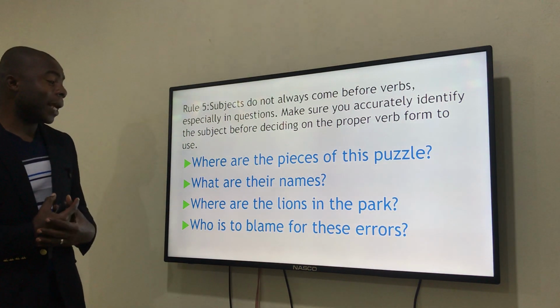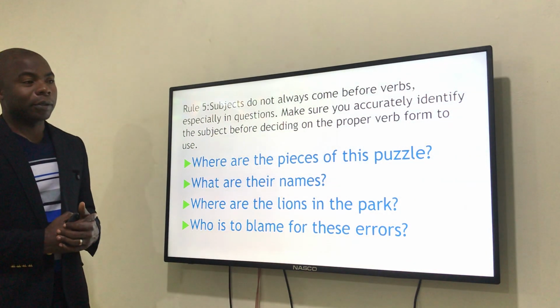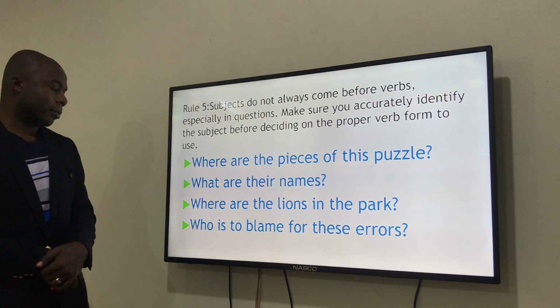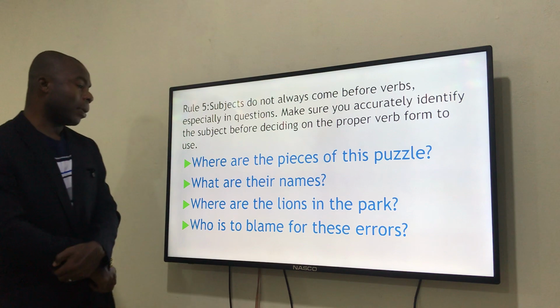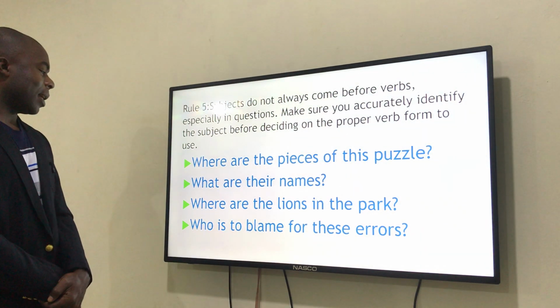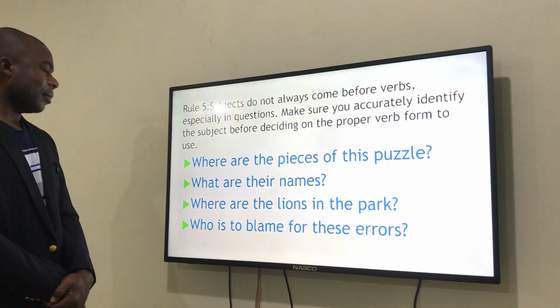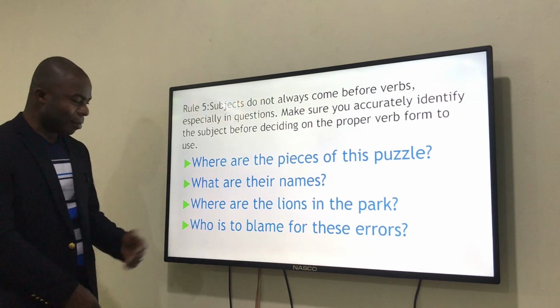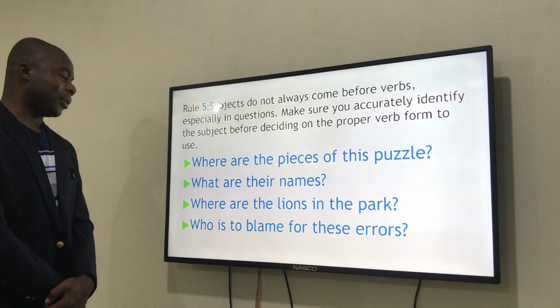And then who is to blame for these errors? If there are many, who is to blame for these errors? Over here, you can see that the subject actually remains who, more of a pronoun here.